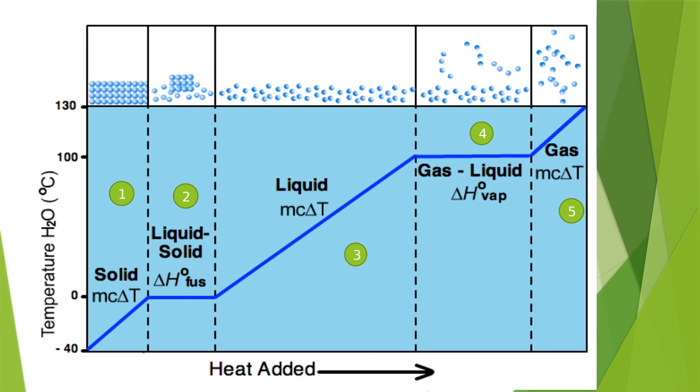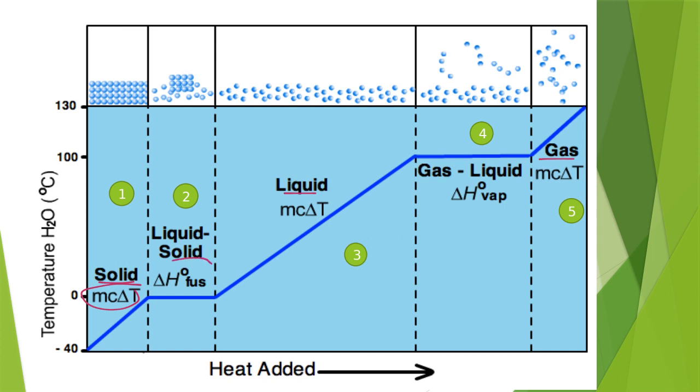Because we have temperatures changing in some parts of the curve and not in others, we now can use both formulas that we've been exposed to. If your solid or your liquid or your gas is in the same state and changing its temperature, we use our good old MC delta T calculation to calculate how much heat is being absorbed or released as that state changes its temperature.